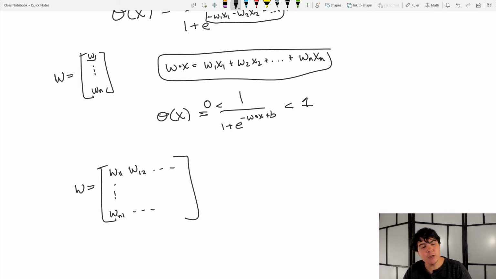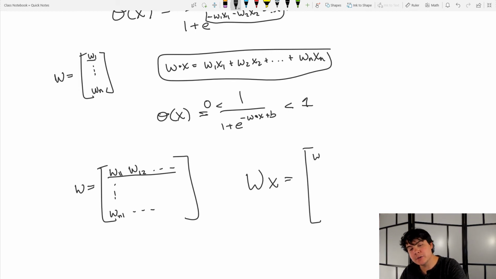So it's a whole 2D grid of values. We can define this operation called matrix multiplication, where w times a vector x is, you take the first row of w and you multiply it against the whole column of x. So w11 x1 plus w12 x2. Notice this is just the dot product of this row against all of the x's.